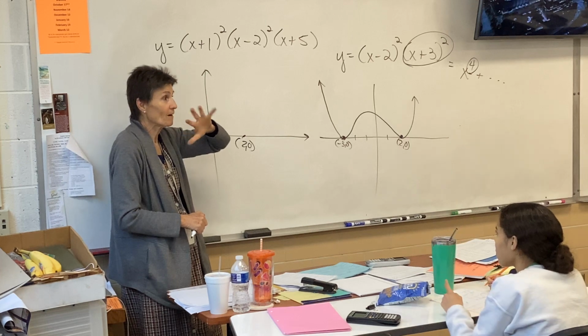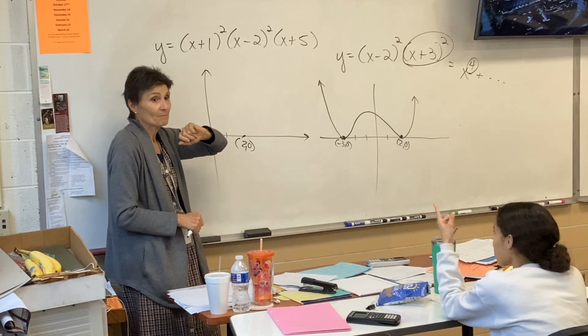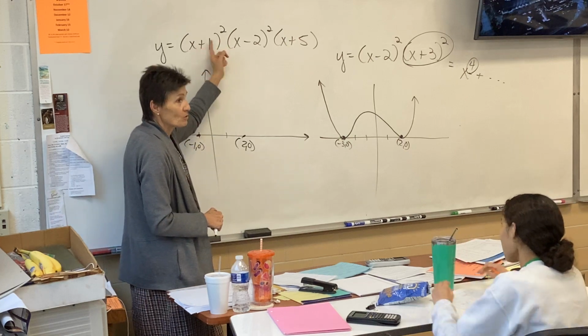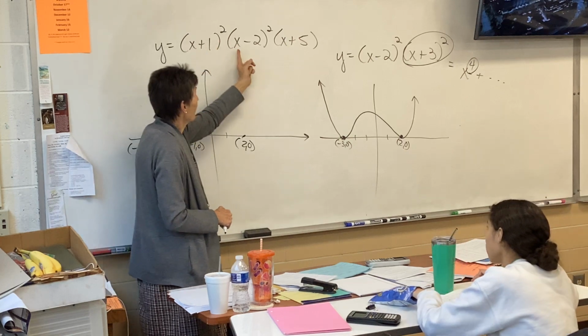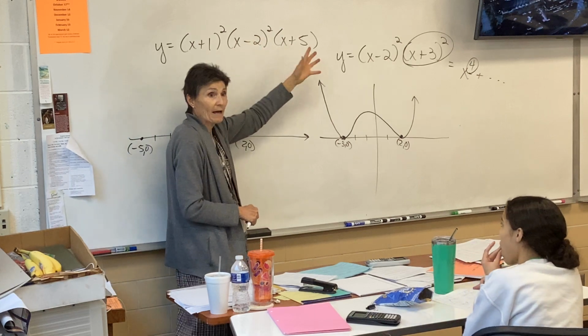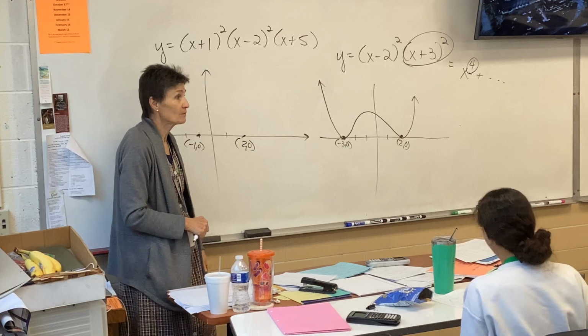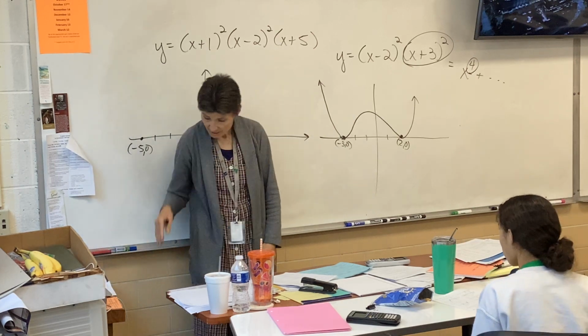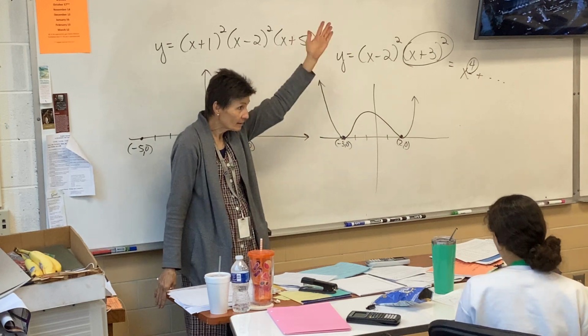We're gonna start a fight up here. What do you think? It's 5. How many x's are in the first factor? 2. How many x's are here? 2. And how many are here? 1. That makes 5. This is x to the 5th. 5 is an odd number. Odds start down and end up.